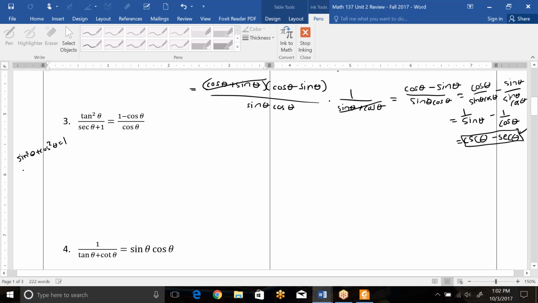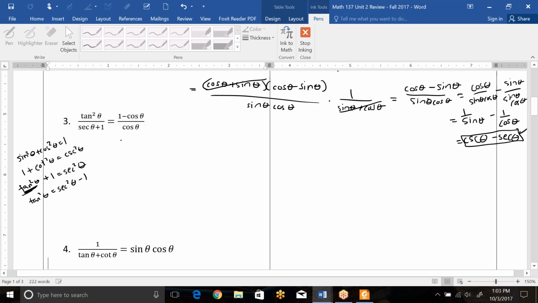If we divide all of those by sine squared, that gives you 1 plus cotangent squared theta equals cosecant squared theta. If you take the original and divide everything by cosine squared, you get tangent squared theta plus 1 equals secant squared theta.